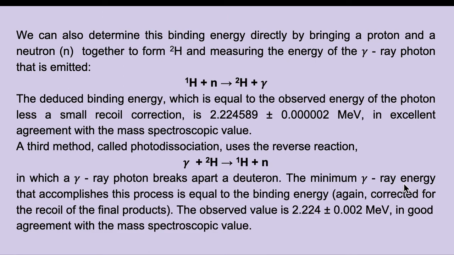The minimum gamma ray energy that accomplishes this process is equal to the binding energy. Again, we have to correct for the recoil of the final products, but it is somewhat low. The observed value is again 2.224, near to this value.